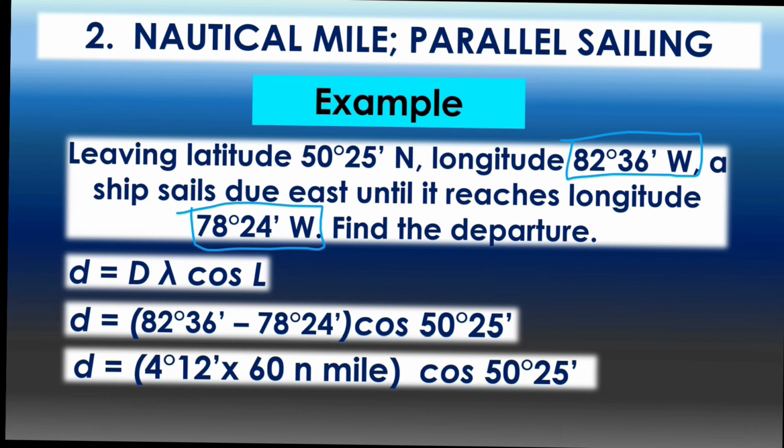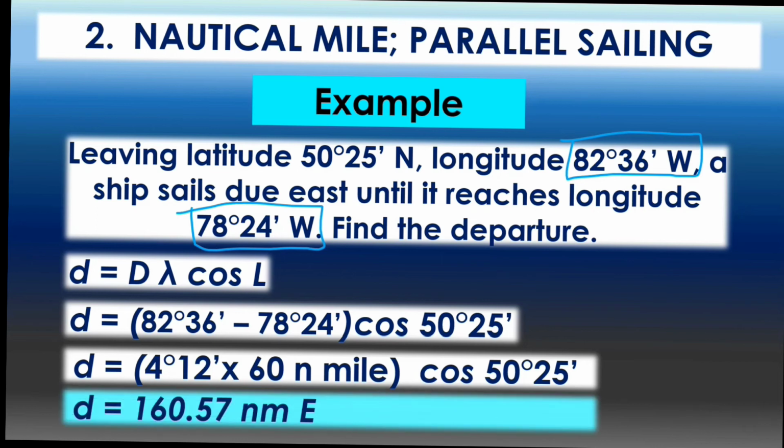If you do have the DMS, the easier way is to multiply it by 60 right away, and then consider the decimal. That's what you can do. Then multiply by cosine 50 degrees and 25 minutes. So the answer is 160.57 nautical miles east. So why is it east?